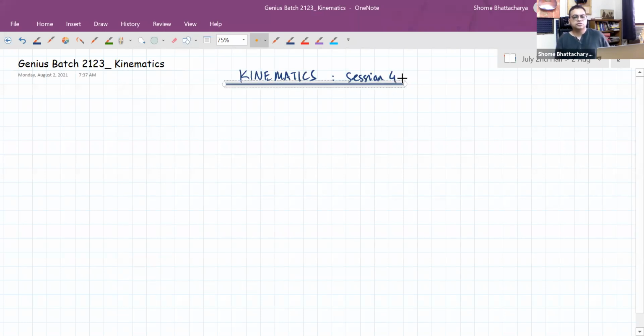Okay, so one important thing we saw yesterday is that when we have a vertically projected motion, there is a symmetry in it.